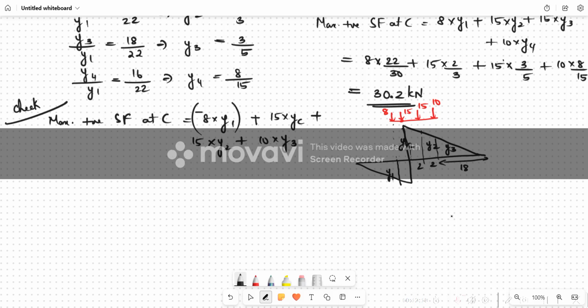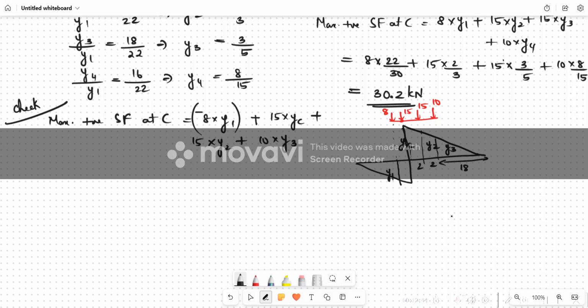But here you are actually checking whether there would be a change in the value of positive shear force when one of the loads was to the left of C. So you're actually just trying to check. So it is important that among the positive shear force values and the ordinates, you substitute negative for negative shear force. Otherwise, there is no point in checking because one is in the negative zone and the other is in the positive zone. That is why we are specifying the sign here.